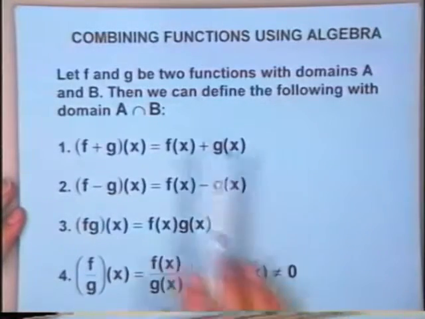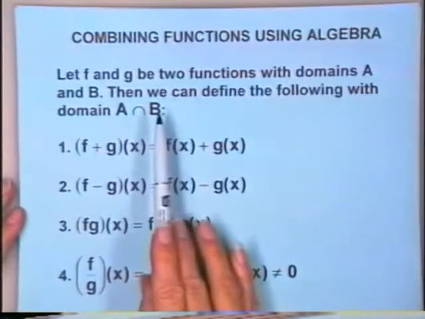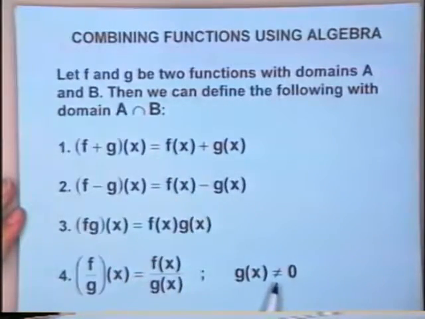Not only do we have to follow this domain being those numbers that are common to both sets A and B, but we also have to be careful that this function g of x here in the denominator never becomes 0. We don't want to, of course, have an undefined situation here, so we do not want this denominator becoming 0. So that means we will eliminate from consideration of our domain any value of x that would make this denominator become 0.